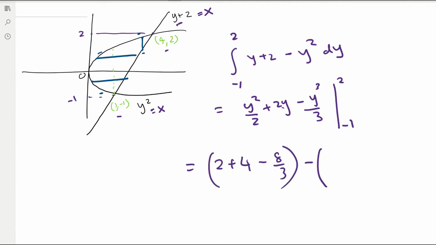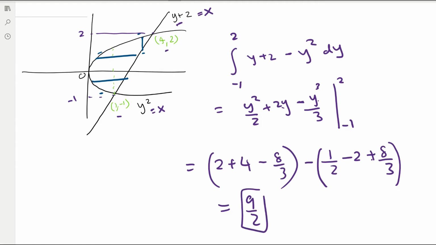Minus, now plug in -1. -1 square is 1, so 1/2, -2, plus 8 over 3. Here it is plus because -1 cube is negative and that negative and this negative make a plus. If you simplify this, I think you get 9 over 2, so 9 over 2 square units. That's the area of the entire region.